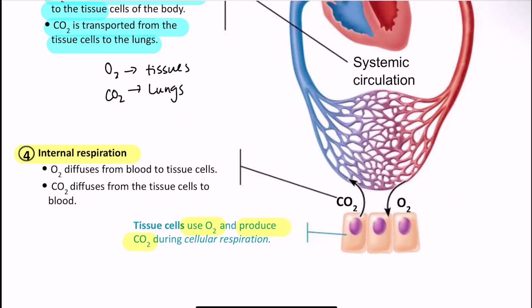And that process of making energy in our cells is called cellular respiration. So we need that oxygen to do cellular respiration, and a byproduct of cellular respiration is CO2. So then we'll get rid of all of that.